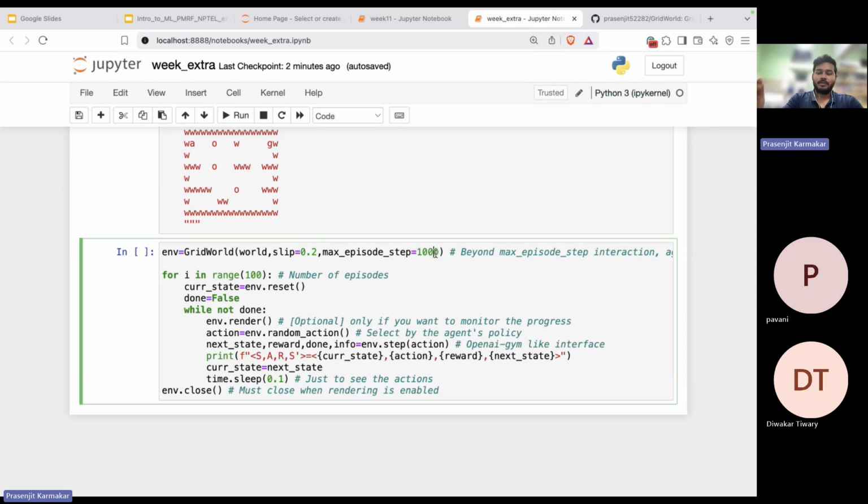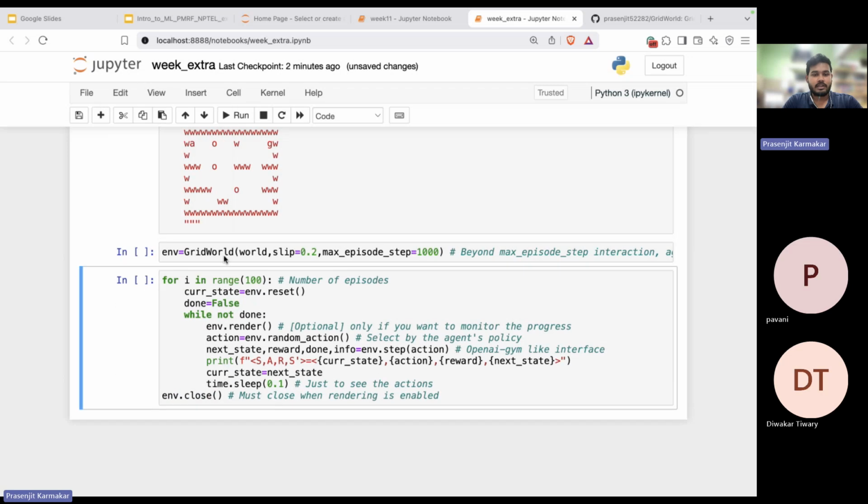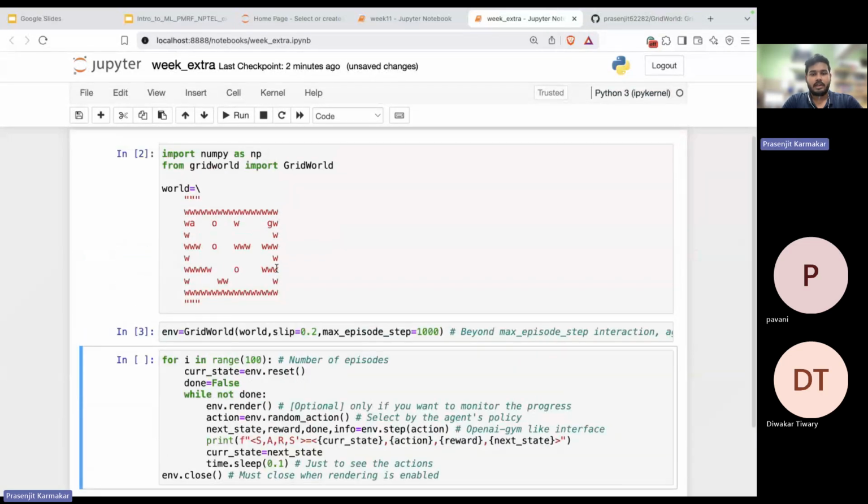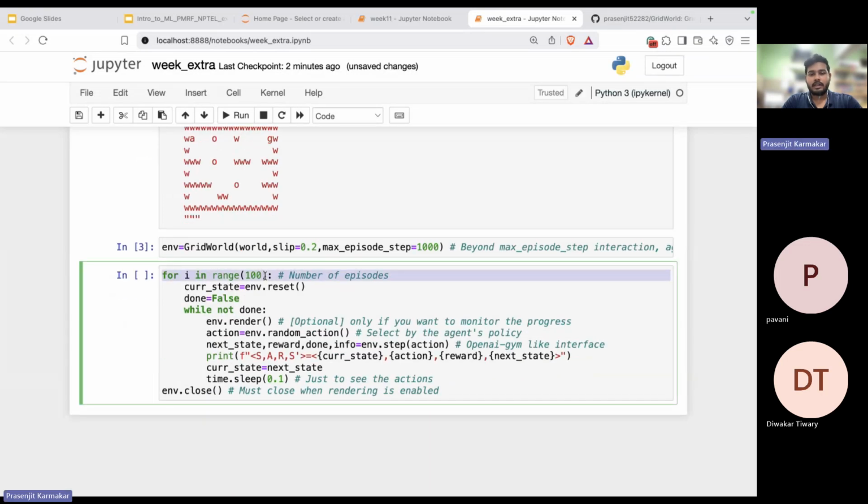Now, what does this mean? My environment is pretty standard. What I can do is collect 1000 trajectories. How can I do it? My current state would be reset to state 0 if I call environment.reset.